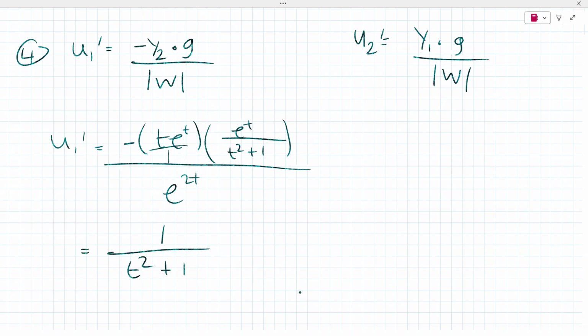I'm not going to do the work because you should know how to do this from algebra. This whole thing is your numerator, this whole thing is your denominator. You have a complex fraction. Or rather, multiplying fractions, so you don't need the LCD. Just multiply across, and then divide by e to the 2t, and you should get this.